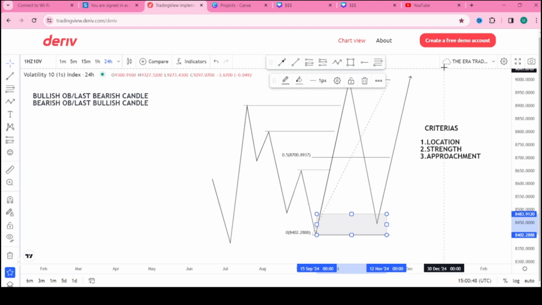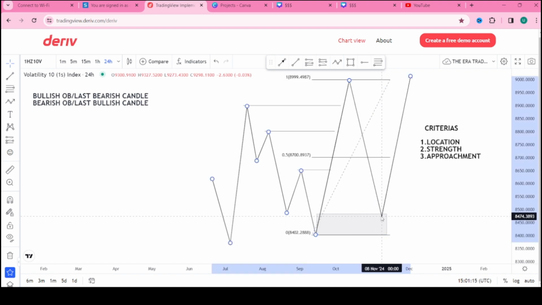There are orders there, so they are willing to come back to those order blocks to pick up orders and push. So how the market approaches the order block matters, and the faster the market approaches the order block, the more valid that order block is, and the more valid that setup will be.